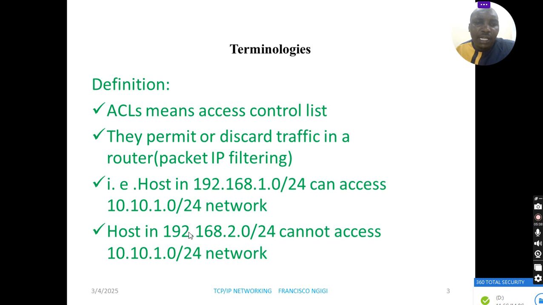But hosts in 192.168.2.0 with a prefix of /24 cannot access the network 10.10.1.0/24. So here we are talking about permit, and the next one is going to be discarded. Any host in 192.168.2.0 with a subnet mask of 255.255.255.0 is going to be discarded.